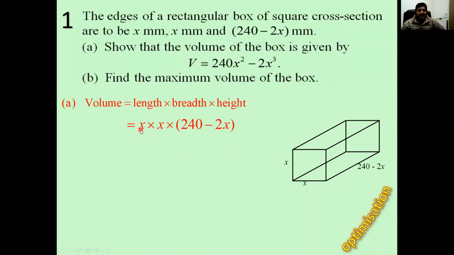So x times x is x squared. And then we're going to use the distributive law and multiply into 240, which gives us 240x squared. And the x squared times minus 2x would give us minus 2x cubed. Parsons, did you get that? Yes, sir.